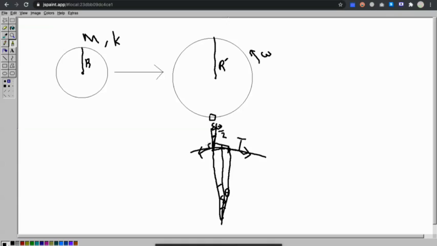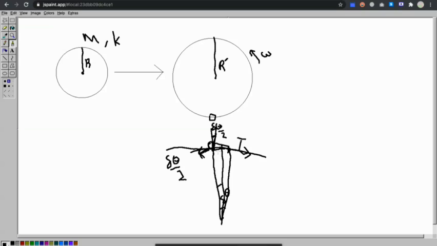And we know that this angle is 90 degrees, and if this is the horizontal, the angle between the horizontal and the vertical is 90 degrees as well. So that means that the angle of this tension force from the horizontal is going to be delta theta over 2. And same thing on the other side. So for both sides, the angle from the horizontal is delta theta over 2.